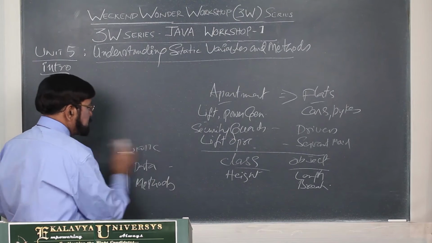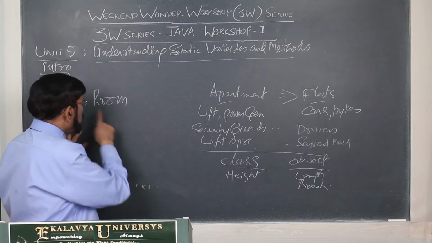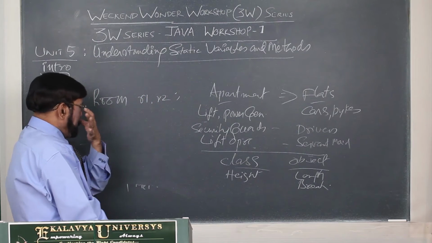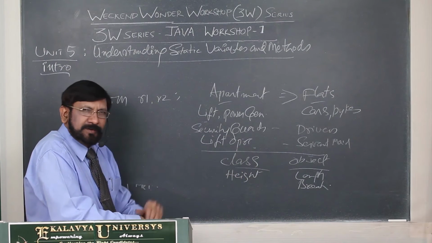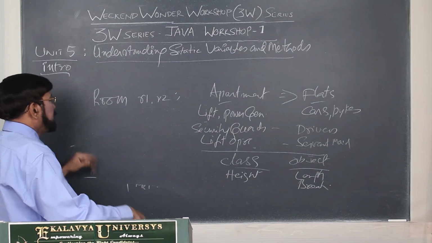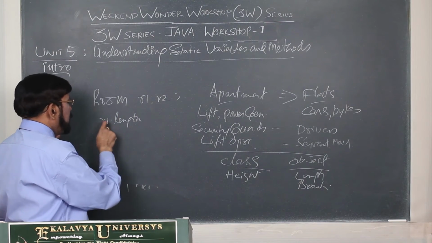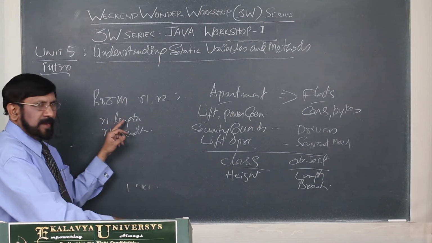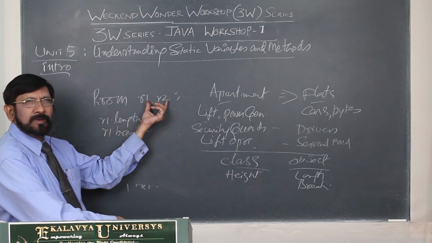With this example you can better understand. Room is the class, and R1, R2 are objects. What I told you: length and breadth belong to the object, and you make height belong to the class. Then you write R1.length, R1.breadth, R2.length, R2.breadth, because those belong to the object.